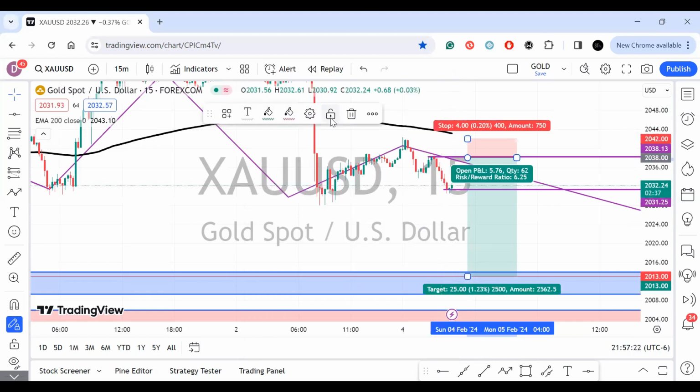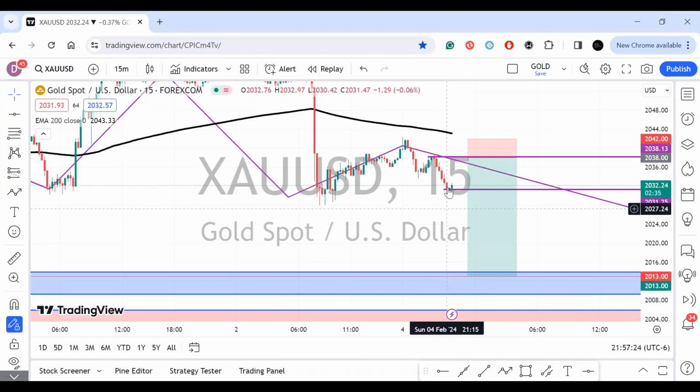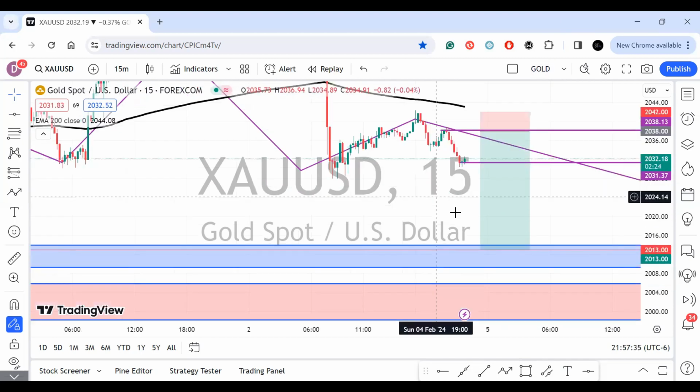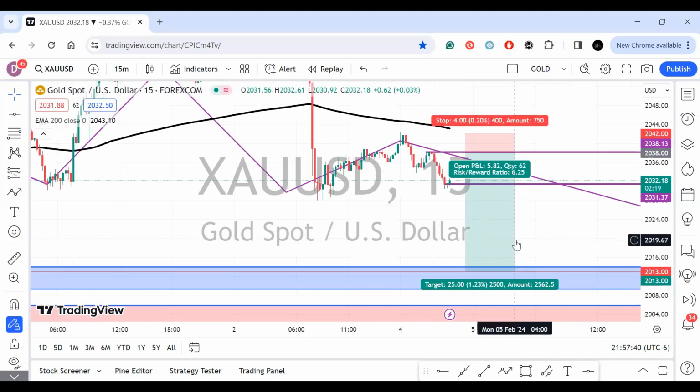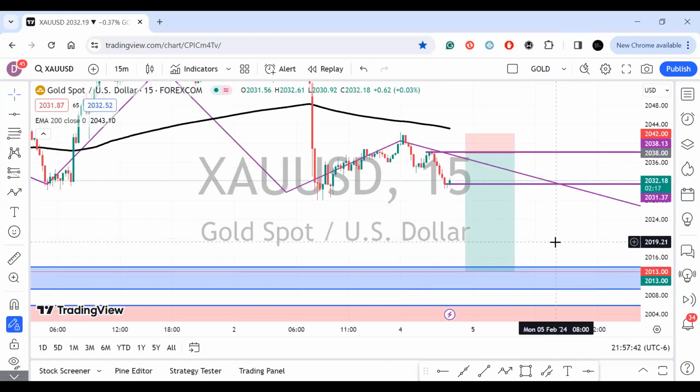So this was what I had for my setup earlier. Now price is moving nicely in my direction towards my TP. So this is what I'm looking at for gold for February 5th, 2024.